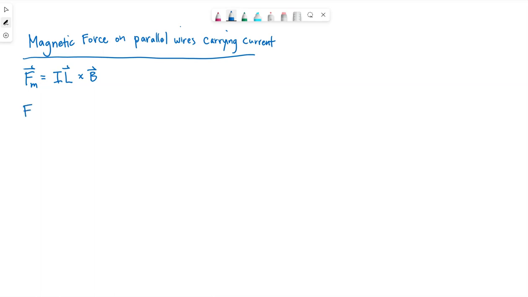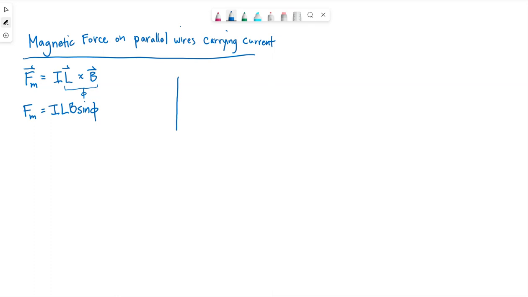The magnitude of this force depends upon how much current is flowing, the length of the wire in the magnetic field, the strength of the magnetic field the wire is in, and then sine of phi, where phi is specifically the angle between L and B.